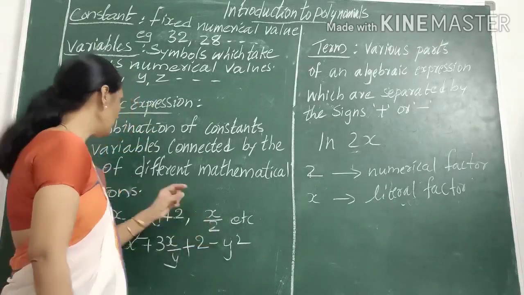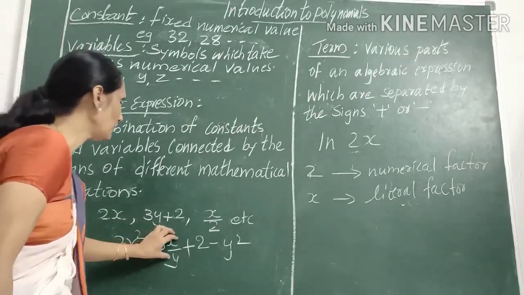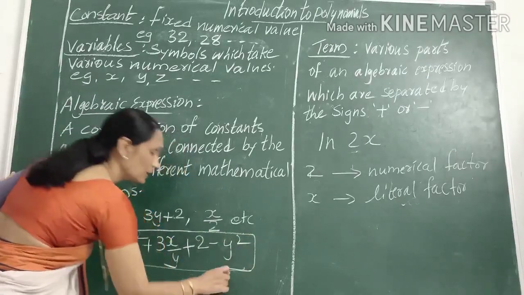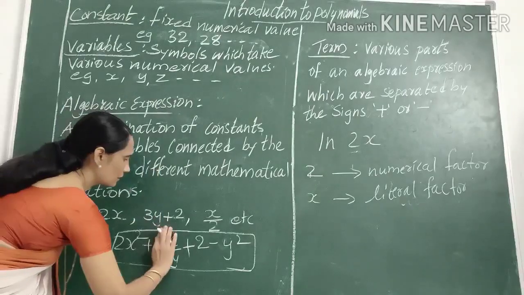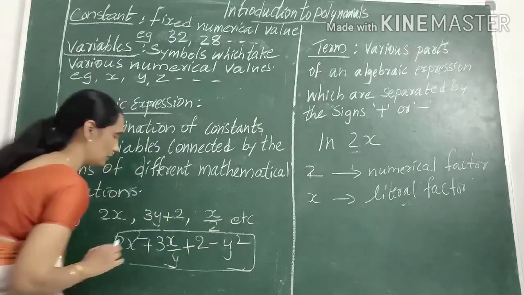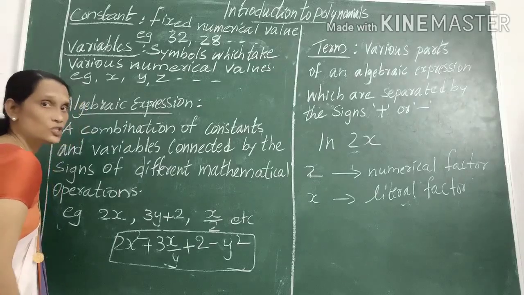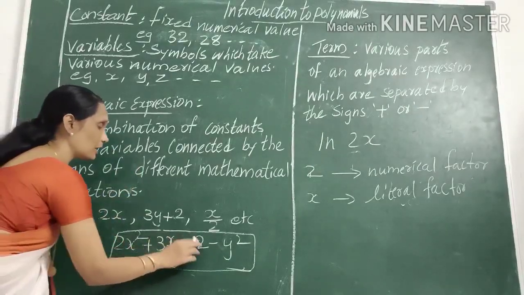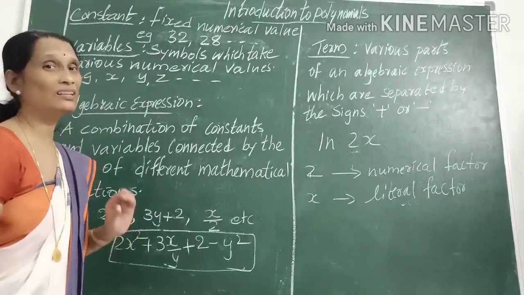So these are different parts of this expression. This expression has 4 parts, this one, this and this. Each part is connected by a plus symbol or a minus symbol. So various parts which are connected by a plus symbol or minus symbol are known as terms. What do we call it? It's the term.